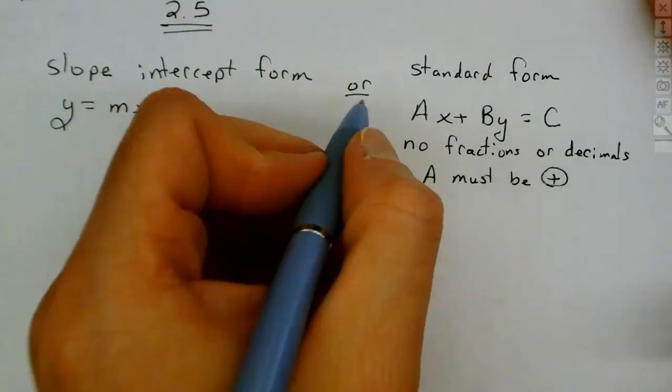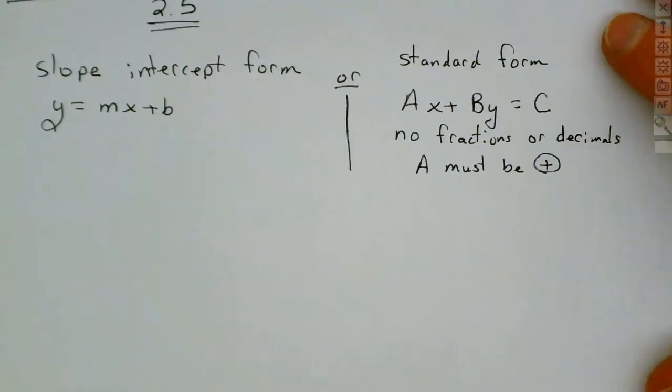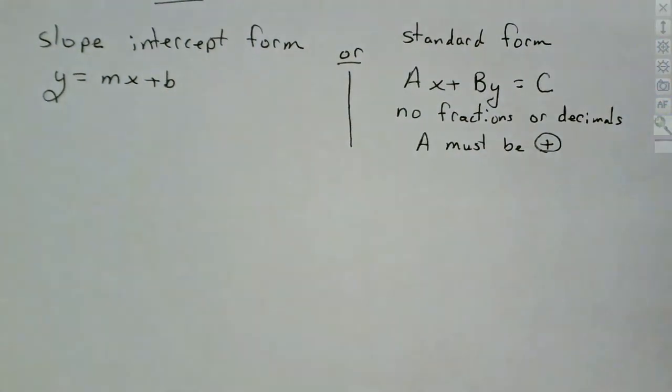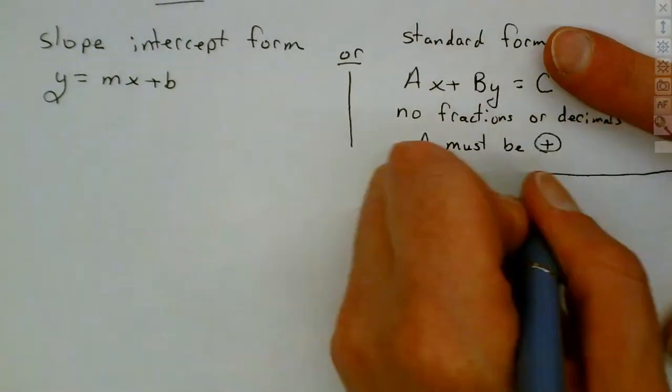So those are the two ways that we can write our answer. We can write our answer in either slope-intercept form, or we can write it in standard form. Now let's convert them back and forth.